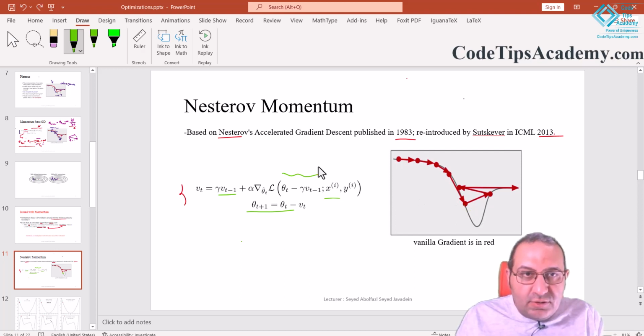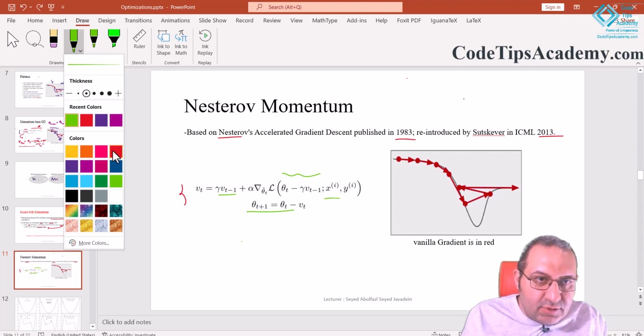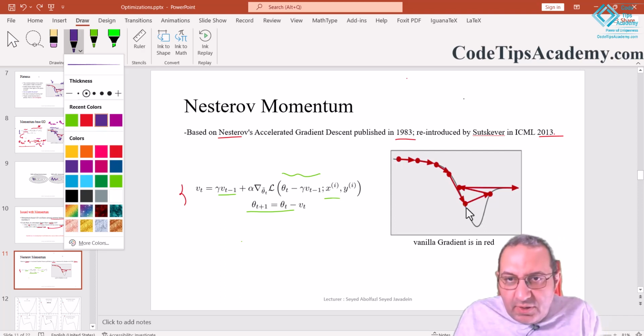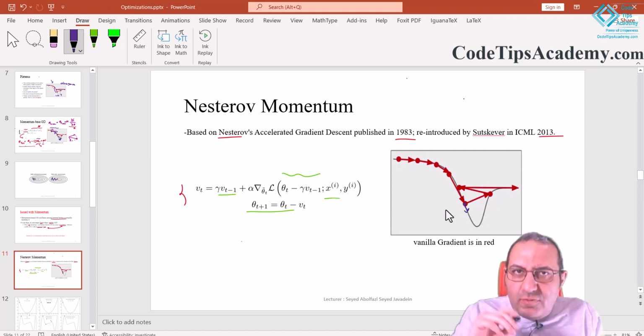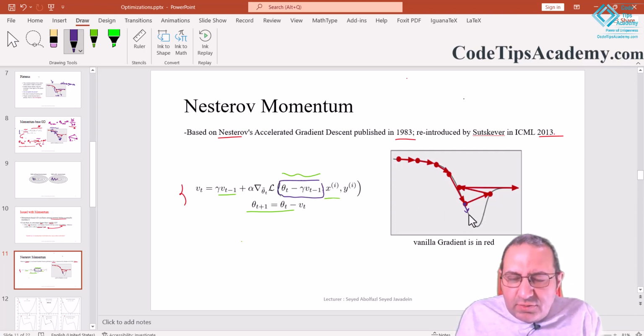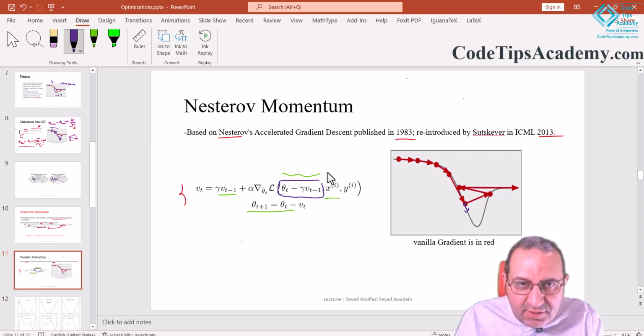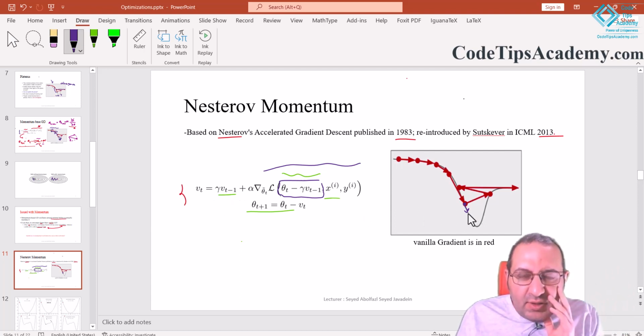Okay, I should use another color for better explaining. Okay, this color is good. It says that when you reach here, first go a little forward, then get the gradient and momentum.